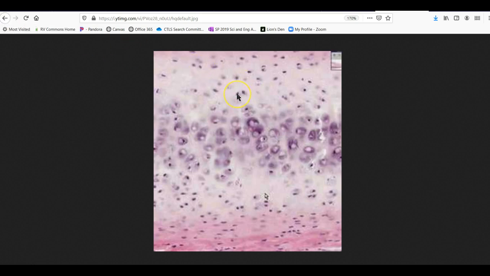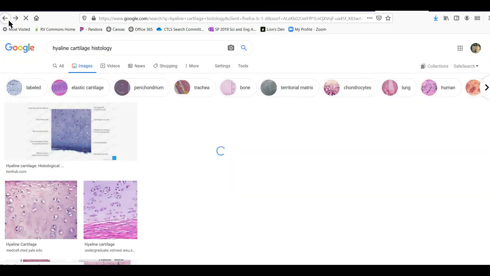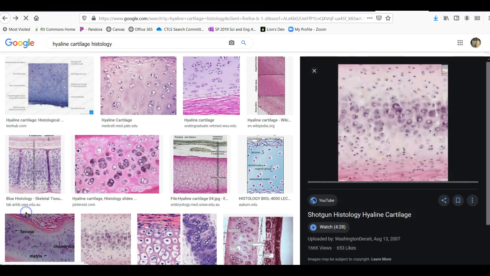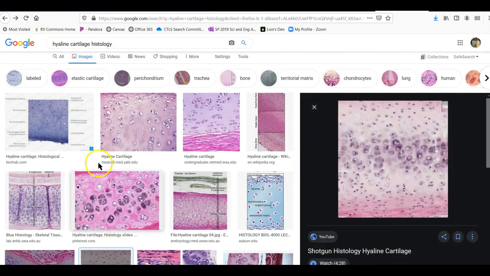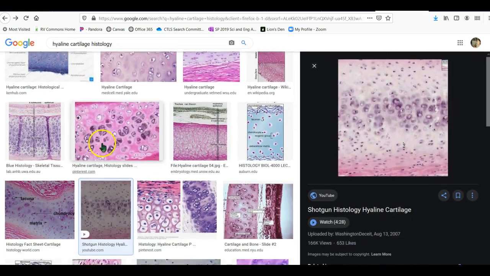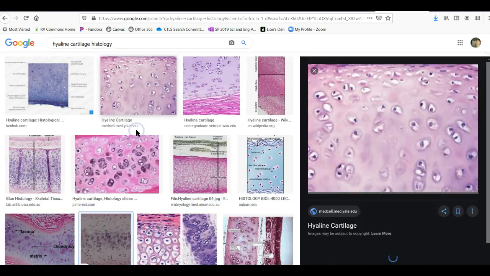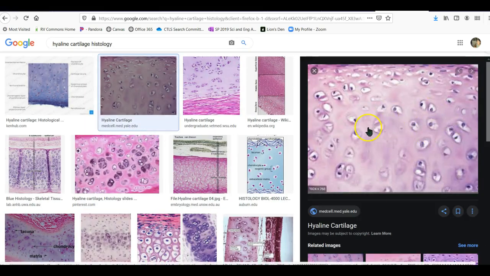This is what the nuclei look like here, and then if I get this other image, I wanted this one, whoops, I don't think it opened, I'm moving too fast. Which one did I want? This one. Even just looking at this, you can see there's a nucleus, there's a nucleus, there's a nucleus.